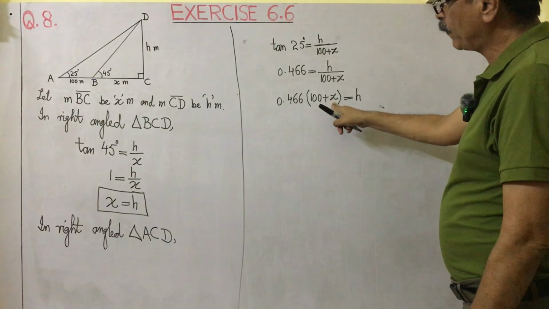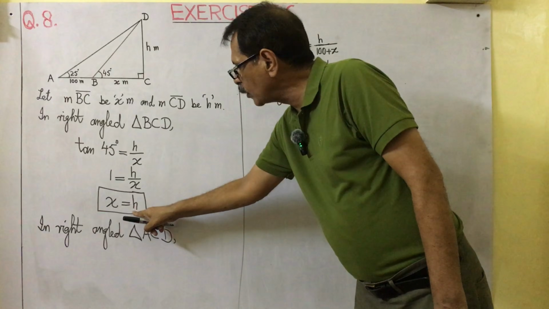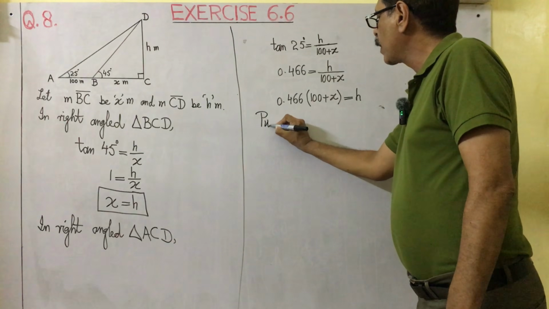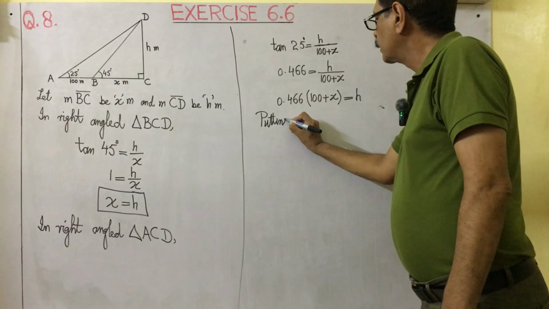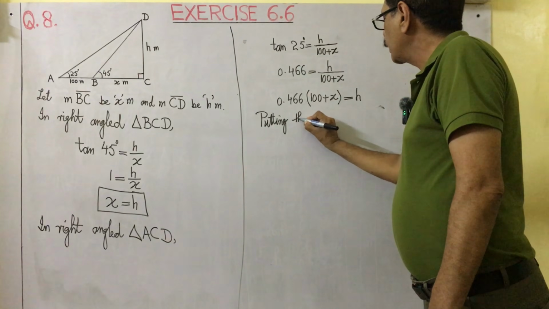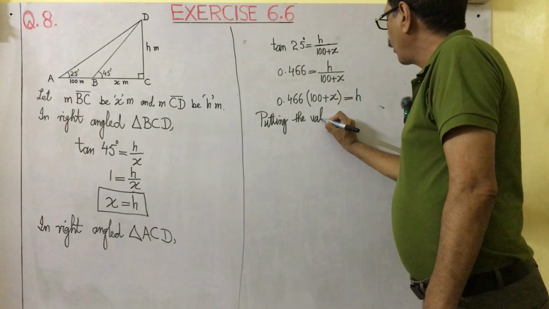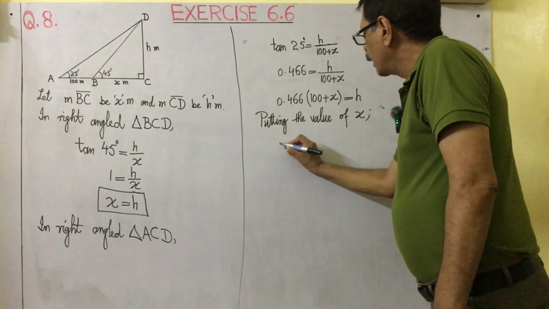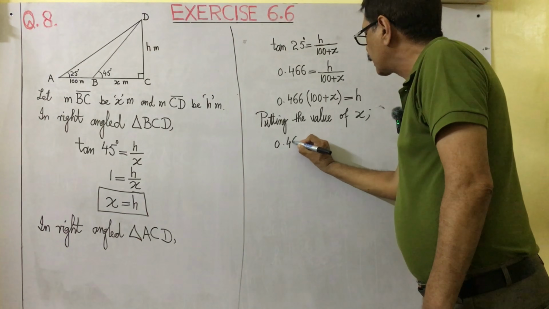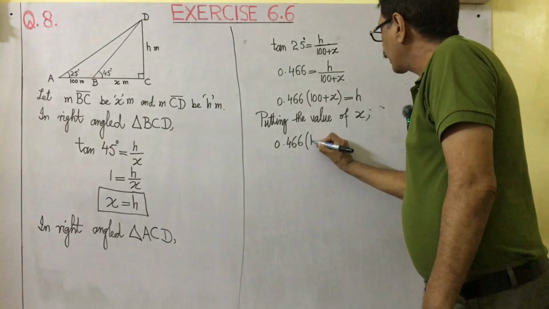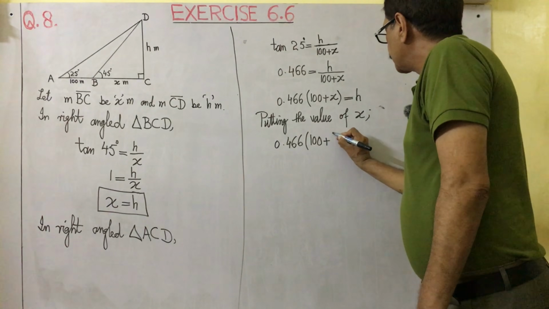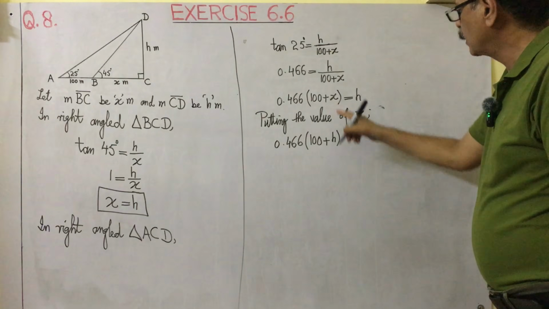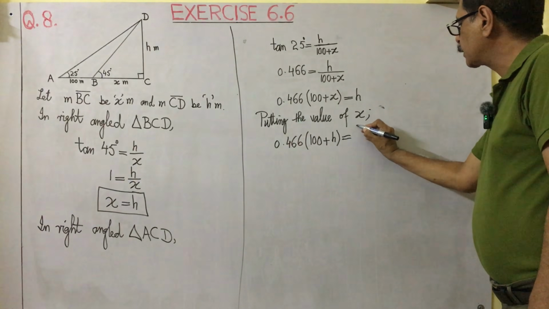Now putting the value of x, the value of x is equal to h. Putting the value of x, 0.466 into 100 plus h is equal to h.